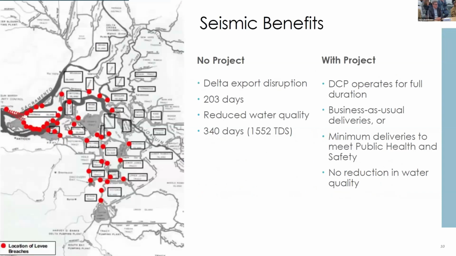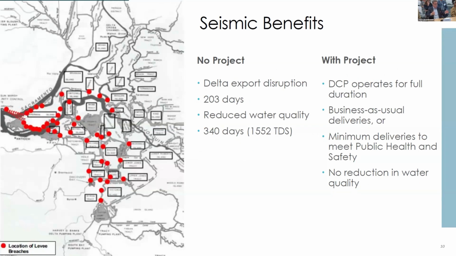To put a little more detail behind that, it's worth considering what might happen following an earthquake of this magnitude. Without the project, what the Flood Emergency Management Plan envisions in this primary planning scenario is a Delta export disruption averaging around 203 days. So 203 days of no water at all on the State Water Project, followed by a period of 340 days with reduced quality water, highly saline water.